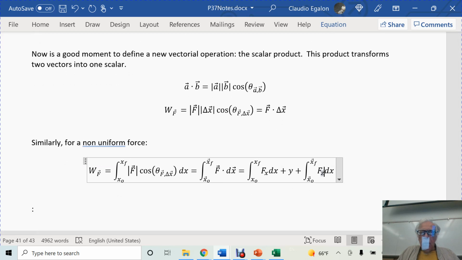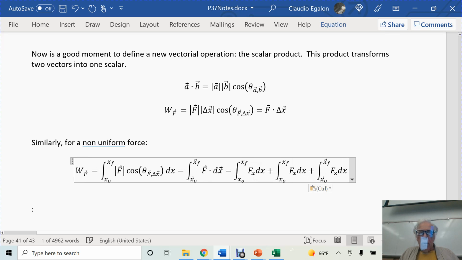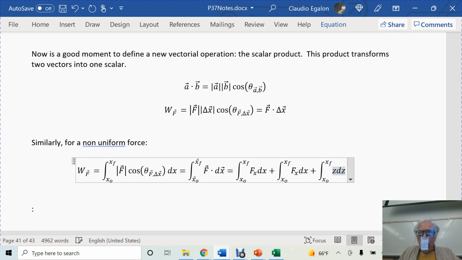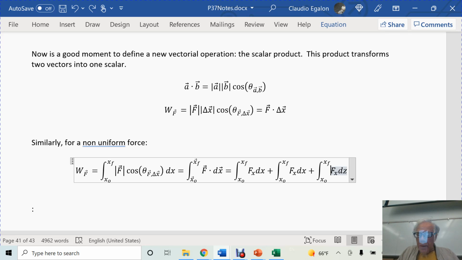Oh man, what did I do there? Huh. Hey, where's the integral? Here we go. Now let's put it here. Okay. Here is going to be dz. Oh, huh. Why is it doing that? fdz.